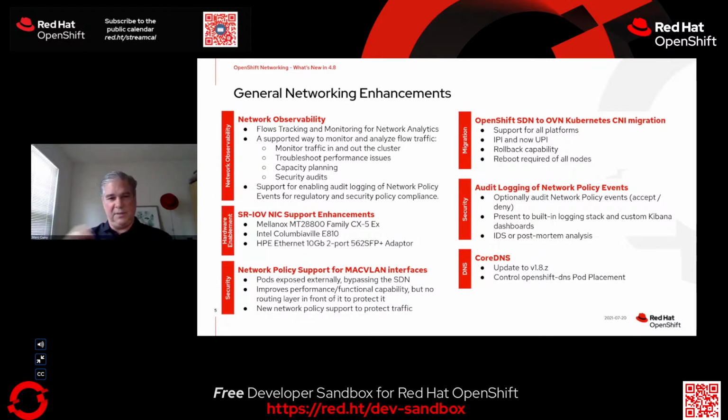This is for those customers with extreme workloads that need to control where exactly DNS runs, either so that it's locally available to where it's needed for optimal functionality, or to isolate it so that workloads aren't bothered by DNS, or vice versa. So this is a big part of CoreDNS 1.8, some of the functionality we've added.